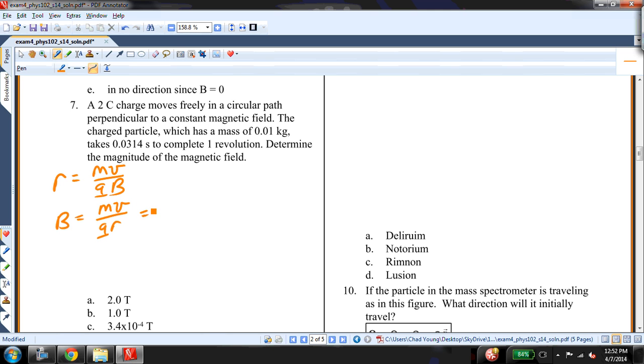V isn't given here. You had a homework problem very similar to this, or basically identical. V is equal to the circumference, 2 pi r, divided by the period, and then you have qr here, so we can get rid of the r's. All right, so we have the mass, which is 0.01, times 2 pi, divided by q, which is 2 coulombs, and T, which is 0.0314 seconds.